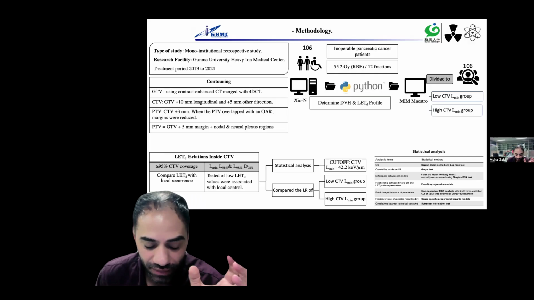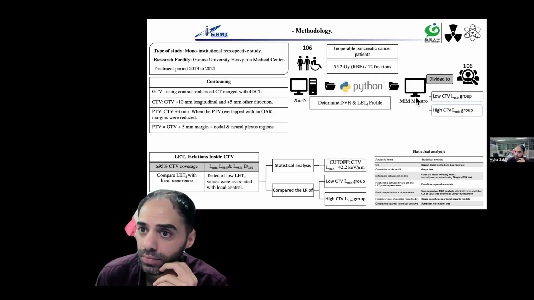They compared the dose average LET values with local recurrence using MIM, and then they found a cutoff value.